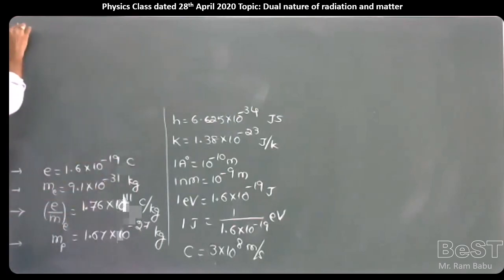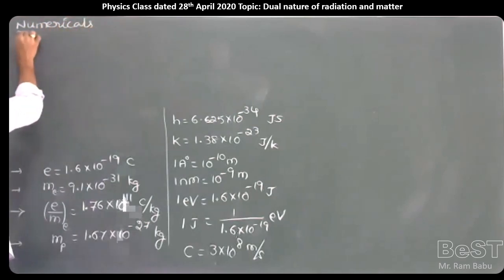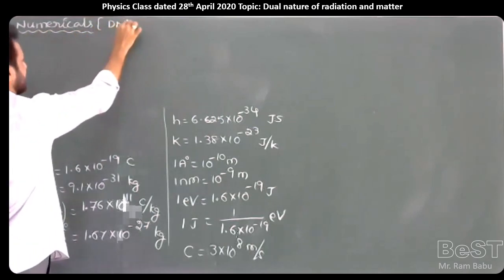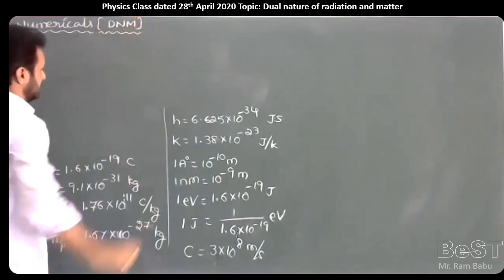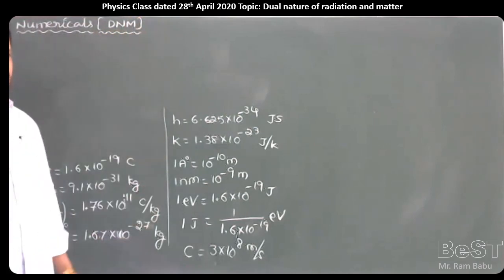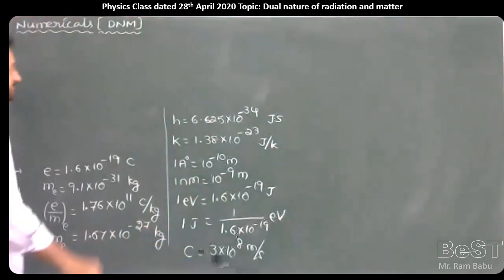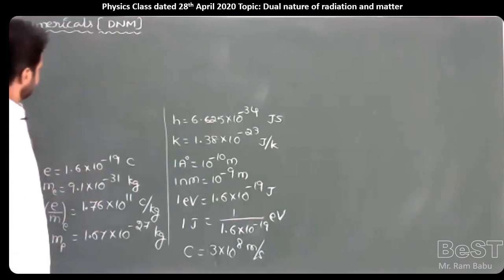Numericals from the textbook chapter named dual nature of radiation and matter. It is the 11th chapter, and the problems are given as exercise 11.1, 11.2 like that. So check the first question.